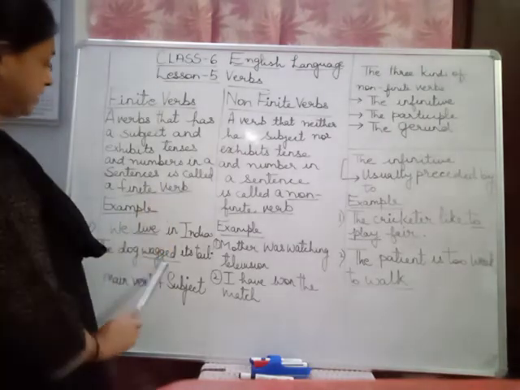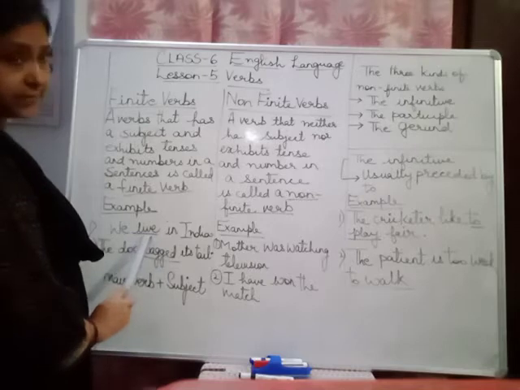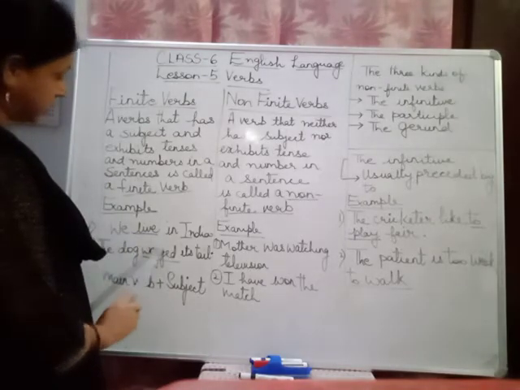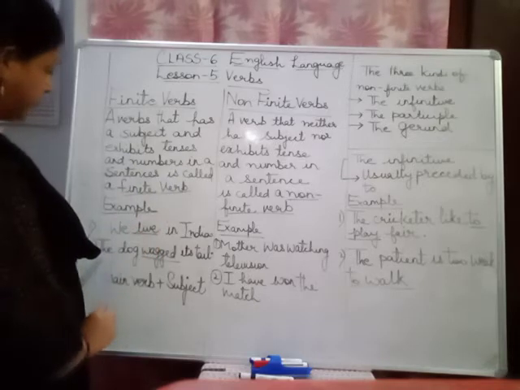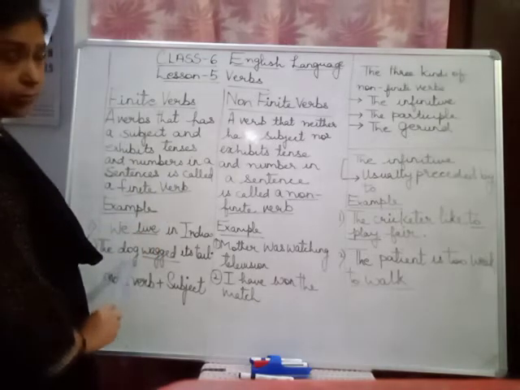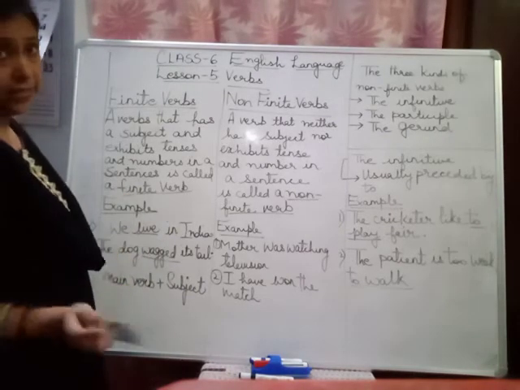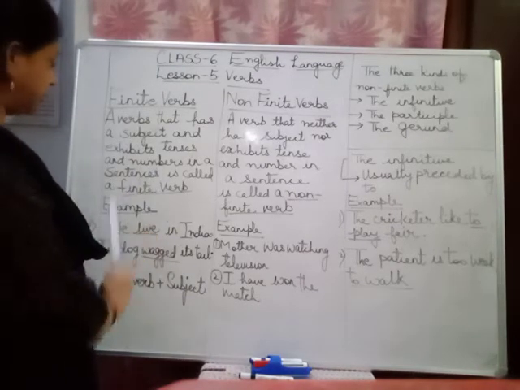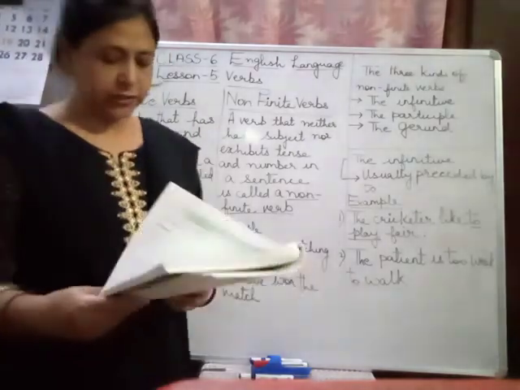We see in the verb, the main verb is here, and we will see how many, the number also. The dog, we are talking about one dog. We live in India. We means many. So we see the number also over here. Finite verb. Let's see further.